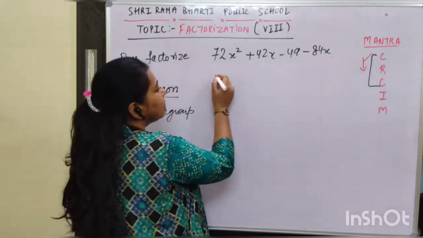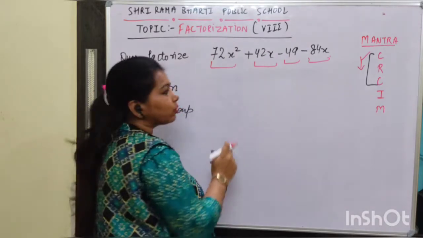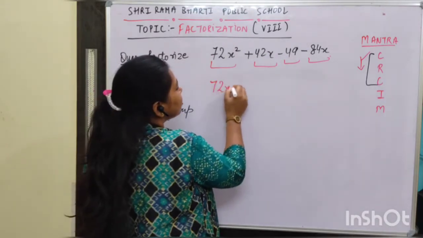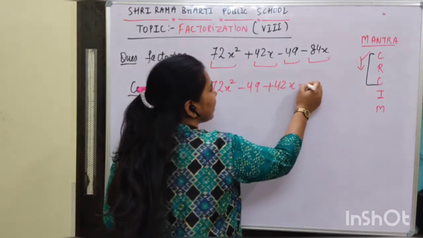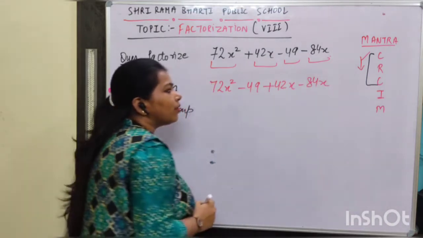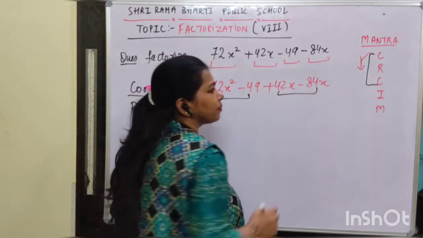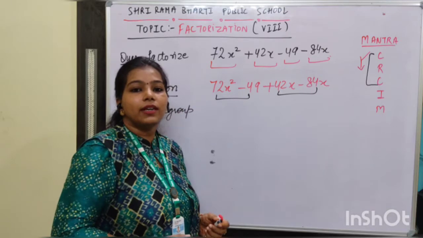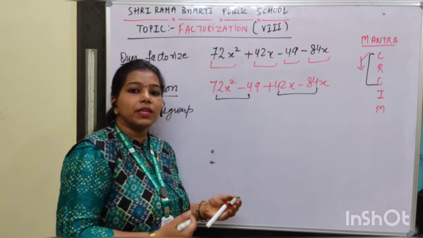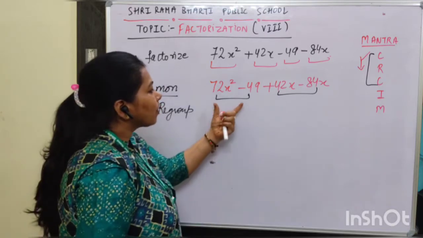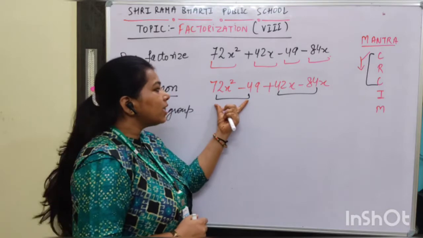I am going to write the first and the third term together. So 72x square minus 49 plus 42x minus 84x. Now I have made their group. We have used here the associative property, where we are grouping the terms. Now I need to take the common number out from each group.